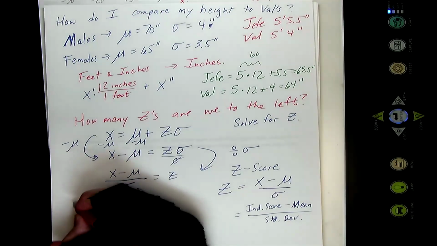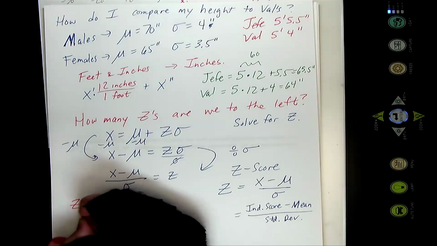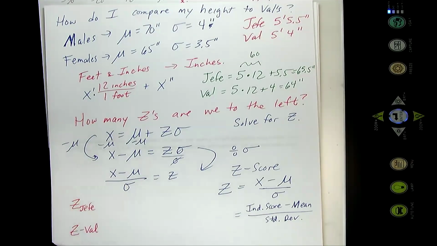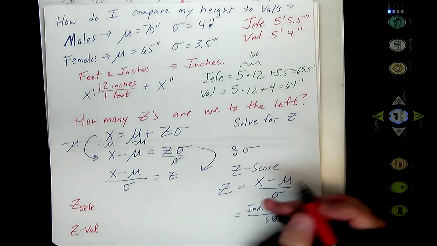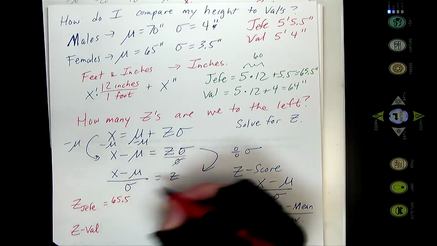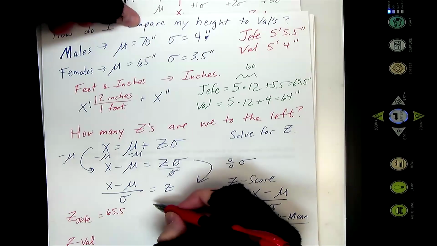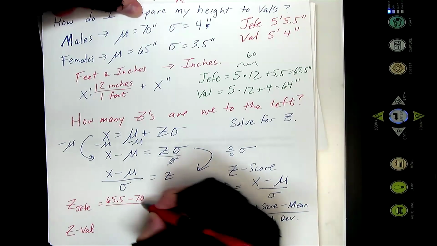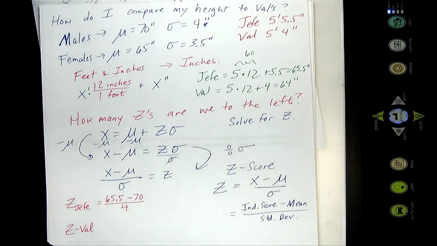So we're gonna calculate z Hefe and z Val. Hefe's height was 65.5. The male average was 70. And the standard deviation was 4.